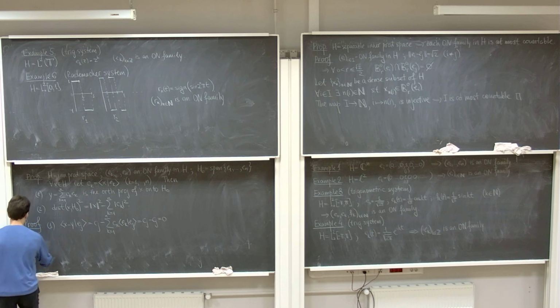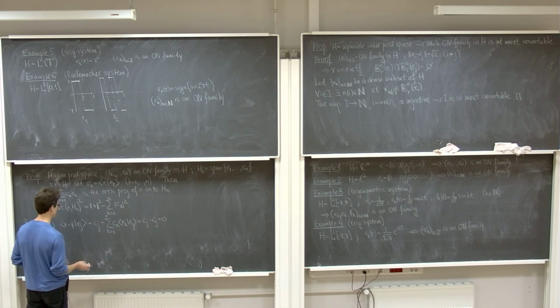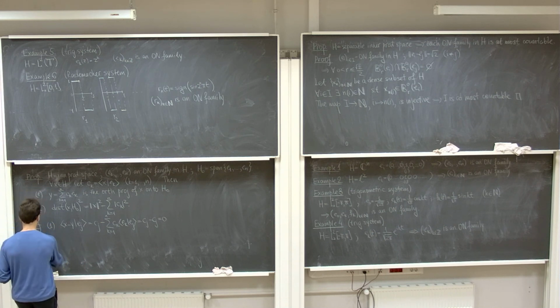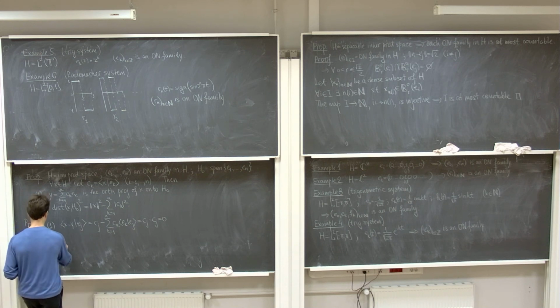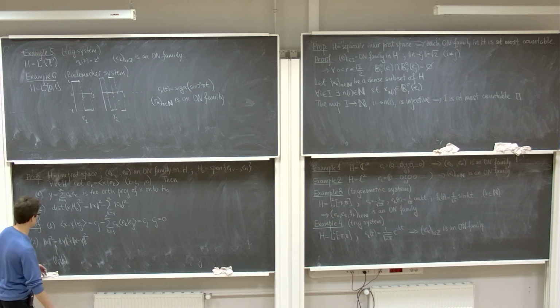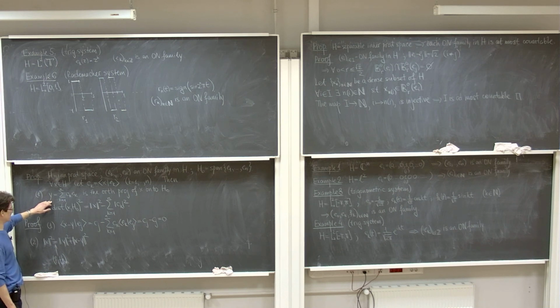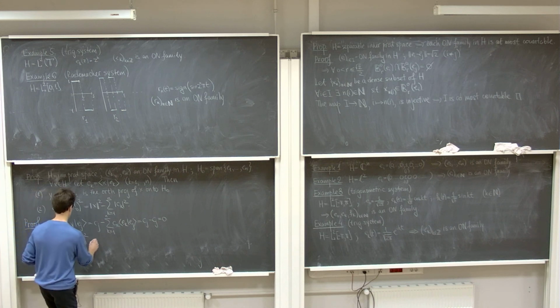And part 2 readily follows from part 1 and from the Pythagorean theorem. Namely, by the Pythagorean theorem, we have the following equality. Now the norm of y squared, so this is y. When we calculate the norm of y squared explicitly, again by using the Pythagorean theorem, we see that this is the following sum.